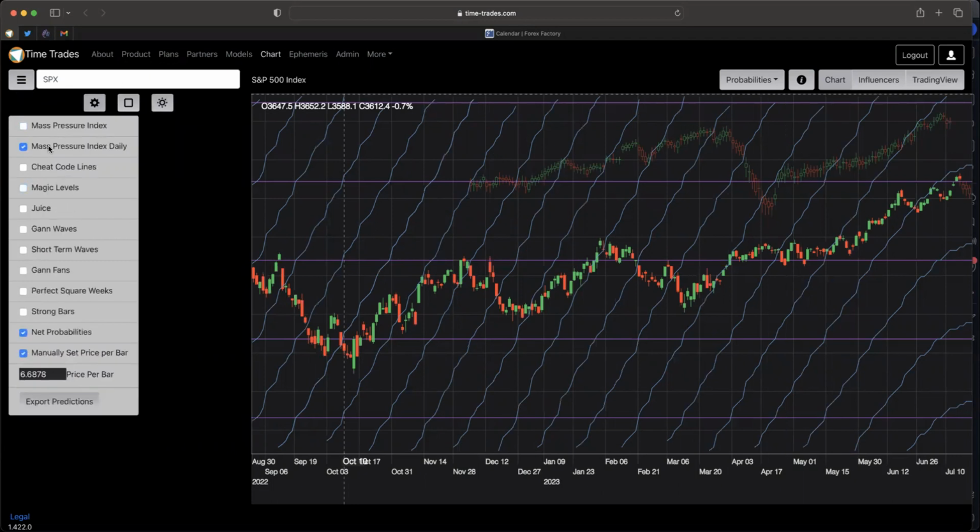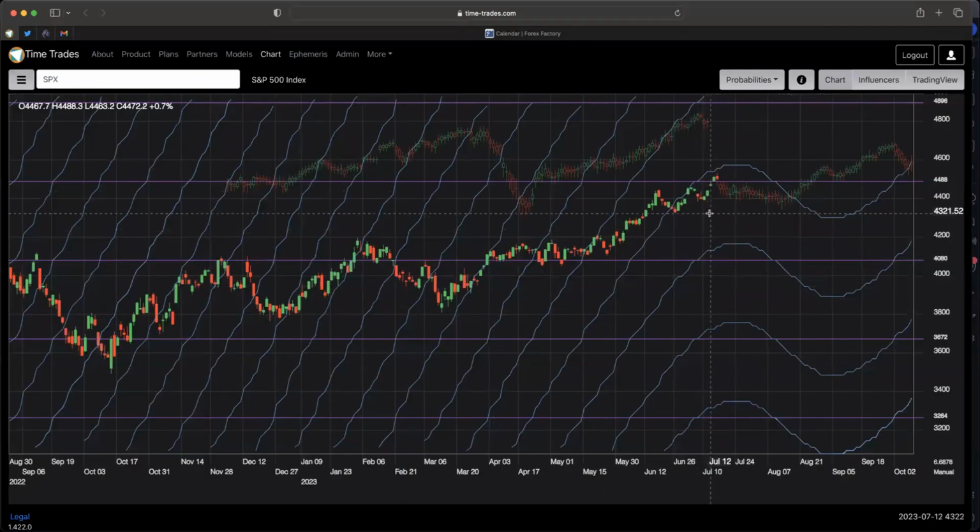And if you go back to chart settings, you can also see that we've got the daily mass pressure index turned on. Now, the daily mass pressure index is built using a Venus cycle. And as you may know, Venus is going into retrograde between July 22nd, I think, and early September.